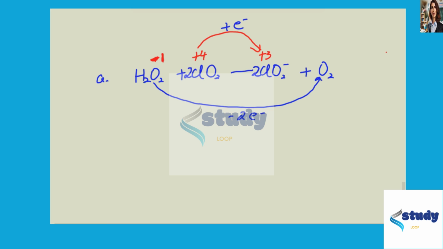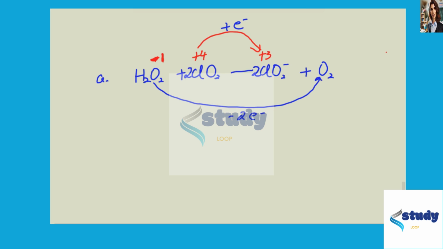Now, how can we actually balance it? For this part, the oxygen is balanced. And after releasing the oxygen, there are another 2 hydrogens left.